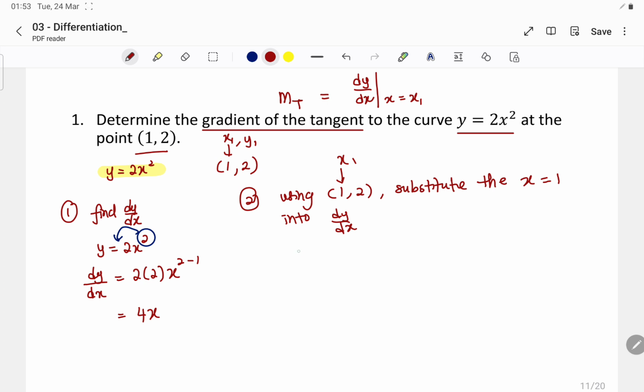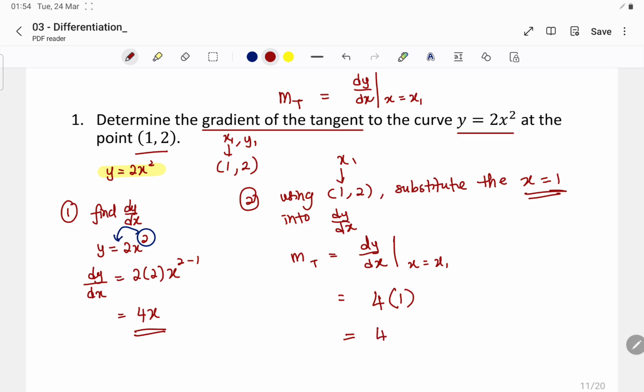So basically you will get the mt. You have your dy/dx, substitute x equal to x1. So you have your dy/dx, which is 4x. So 4x, you substitute x equal to 1.